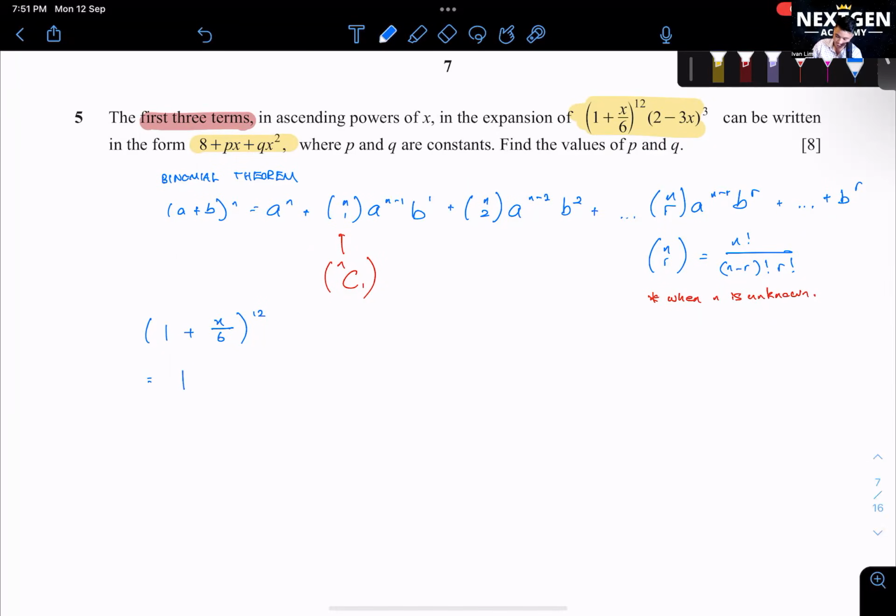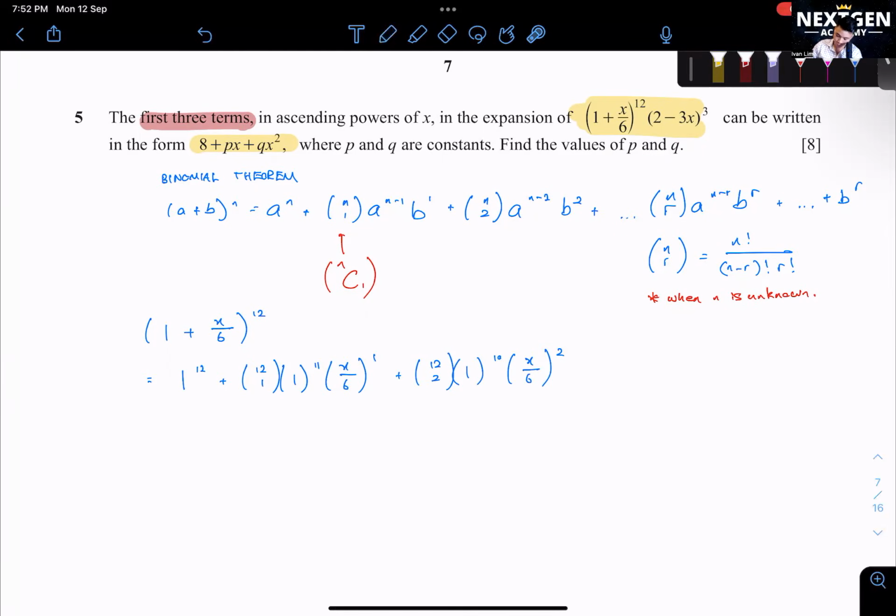So 1 to the power of 12, then plus 12C1, 1 to the power of 11, x over 6 to the power of 1. Then 12C2, 1 to the power of 10, x over 6 to the power of 2.